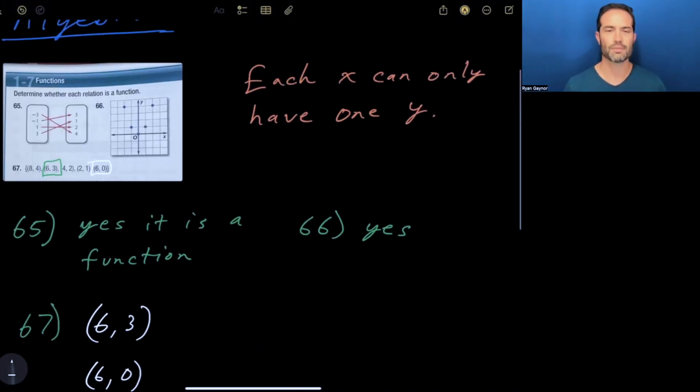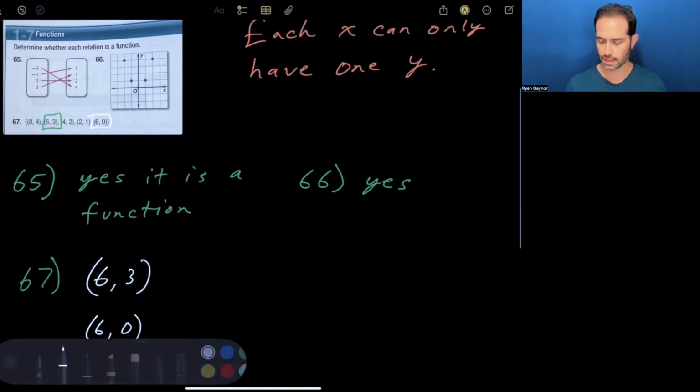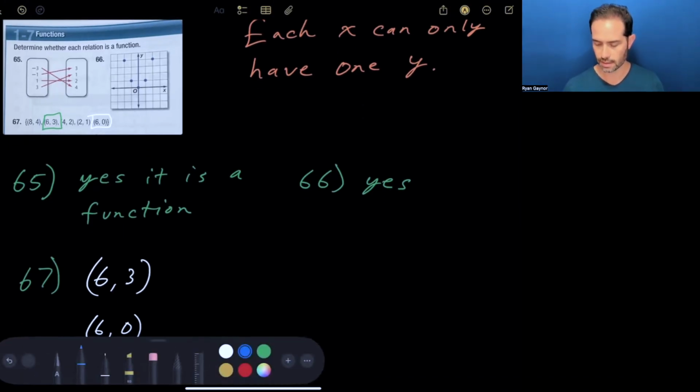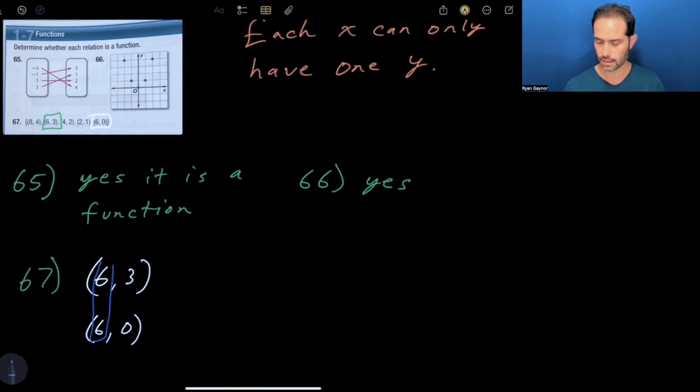So if you read this statement again, each x can only have one y. But this x, the 6, has 2 y's. Okay? So, no. Not a function.